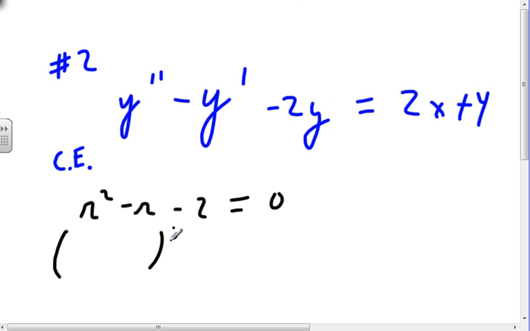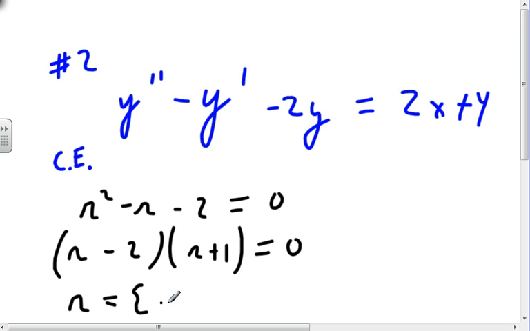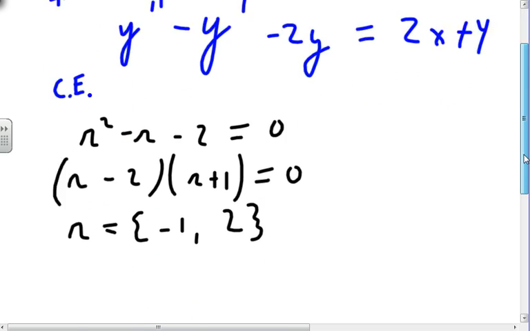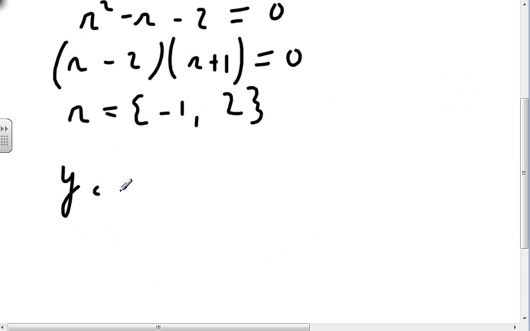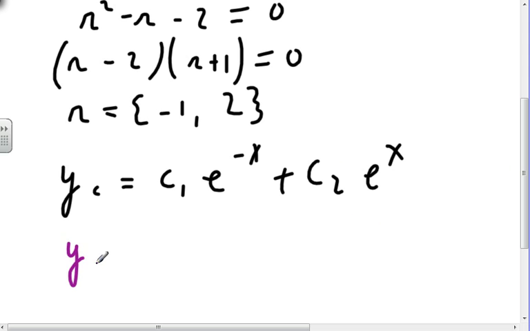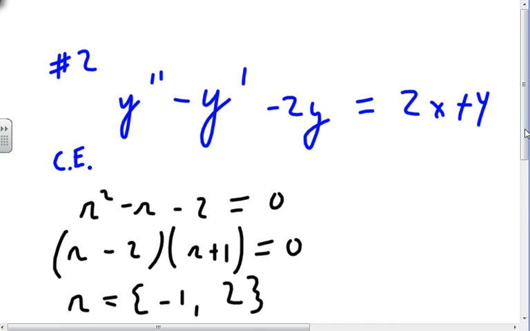We can factor that: r minus 2, r plus 1 is equal to 0. We see that our r's are minus 1 and 2. We see that the solution to the homogeneous equation is C1 e to the minus x plus C2 e to the 2x.